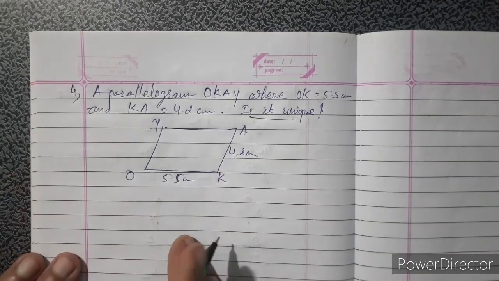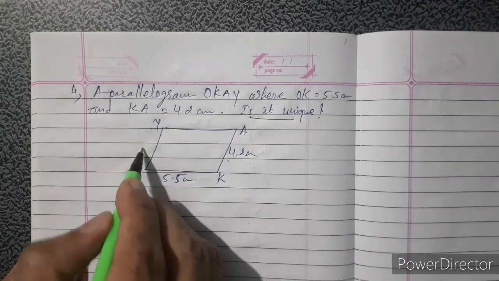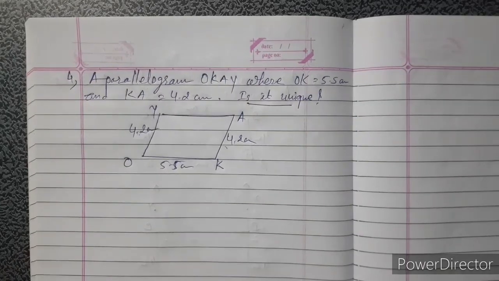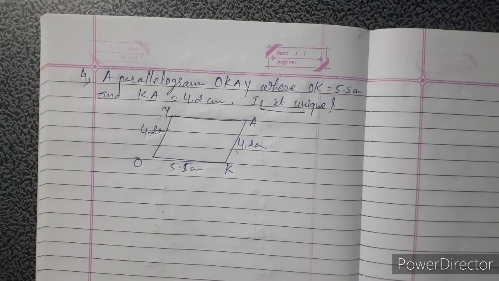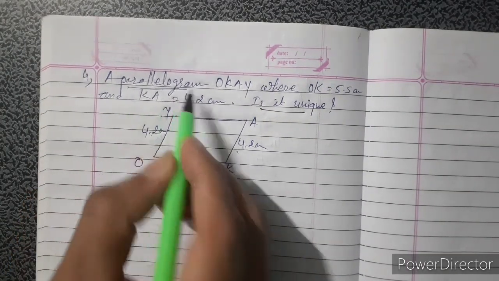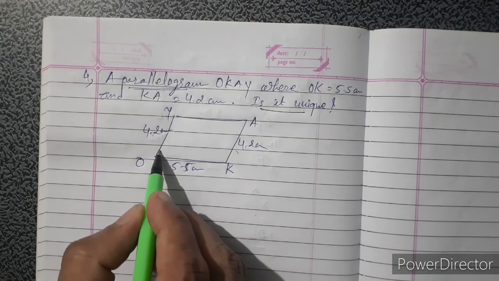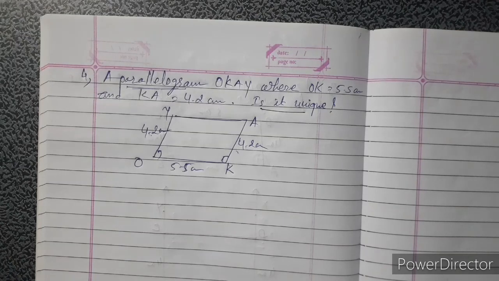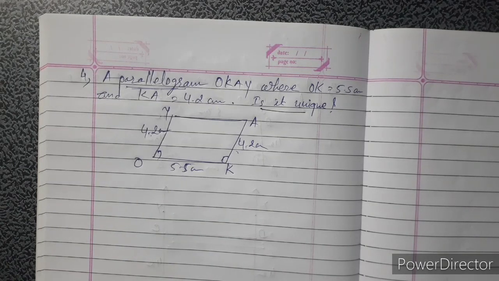Now we know that in a parallelogram opposite sides are equal in measurement, so that one is also 4.2 centimeters. One more property of a parallelogram is that adjacent angles are supplementary, meaning the total of those two equals 180.